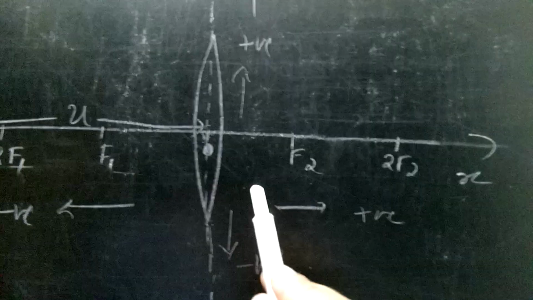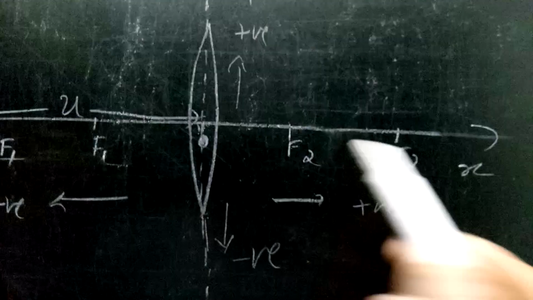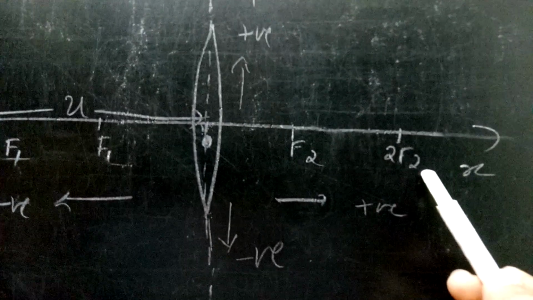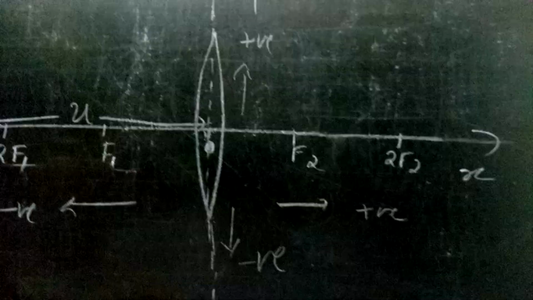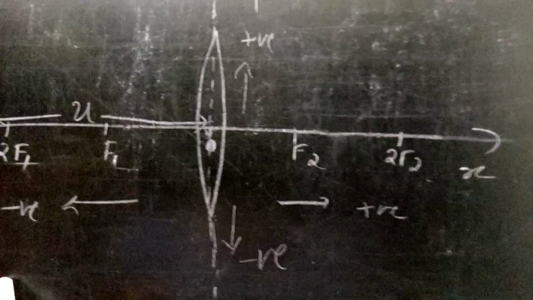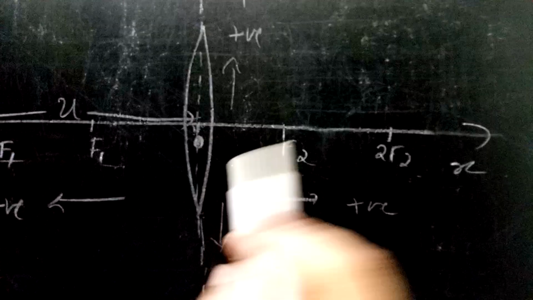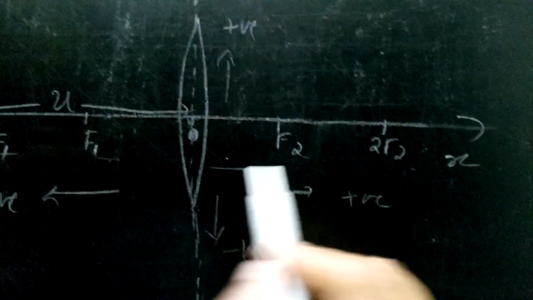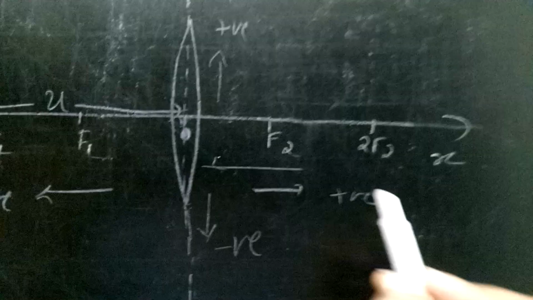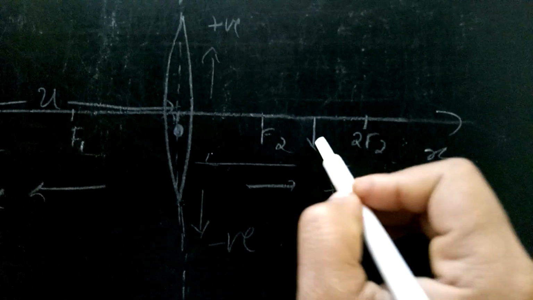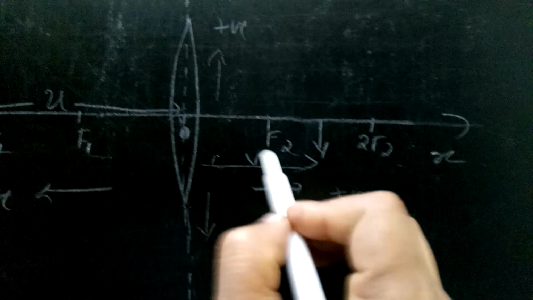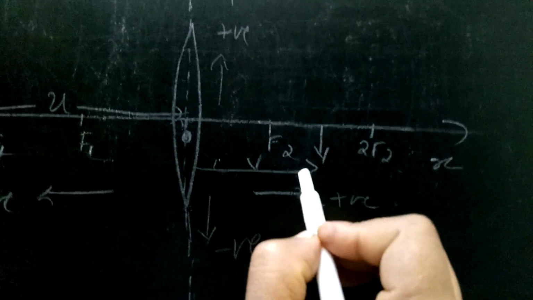And in the case of a convex lens, the image is formed on the right side except when the object is between F1 and O. In that case, the image is on the same side. If the image is on the right side, towards right it will be positive. Suppose here is the image, then this will be v, and in this case it will be positive.